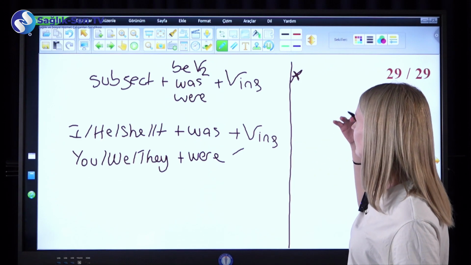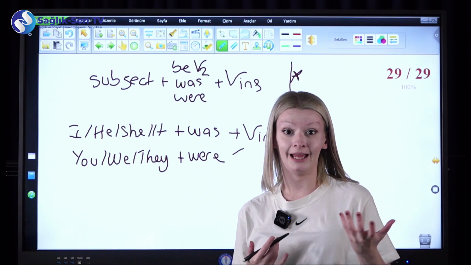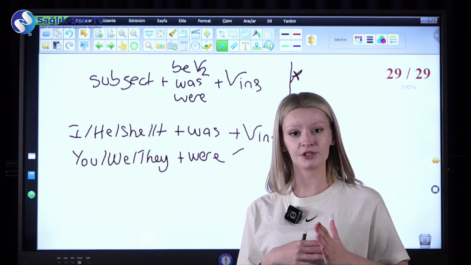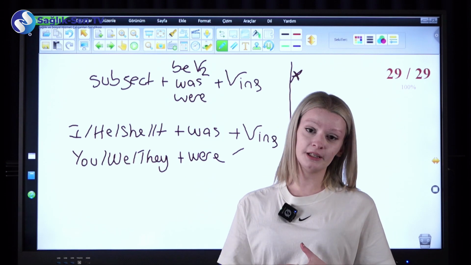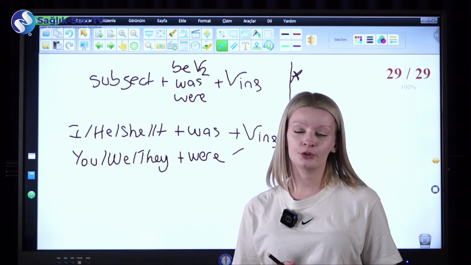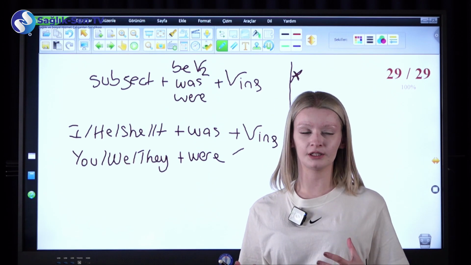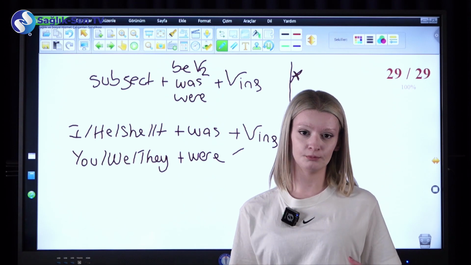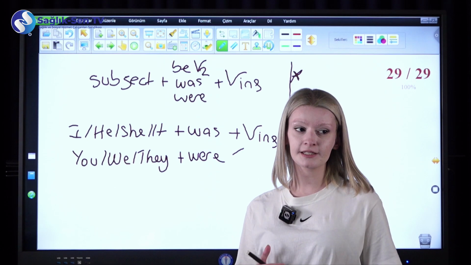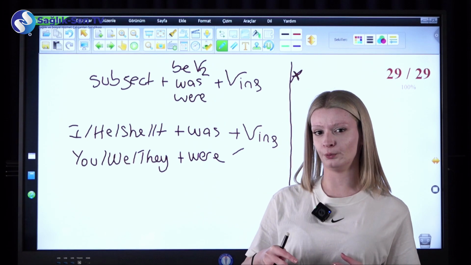But our main aim is to talk about two events interrupting each other or happening at the same time. And when we are doing it, we're going to use past simple and past progressive in the same sentence mostly. So we can say that we don't use past progressive on its own that much.